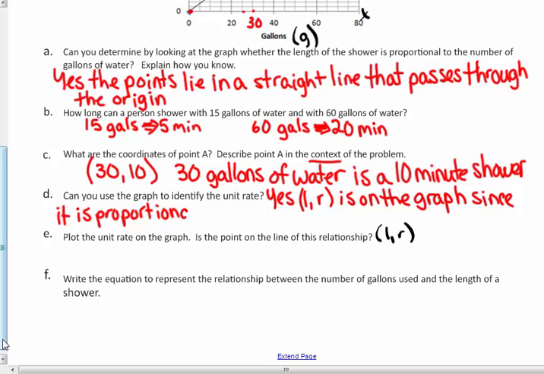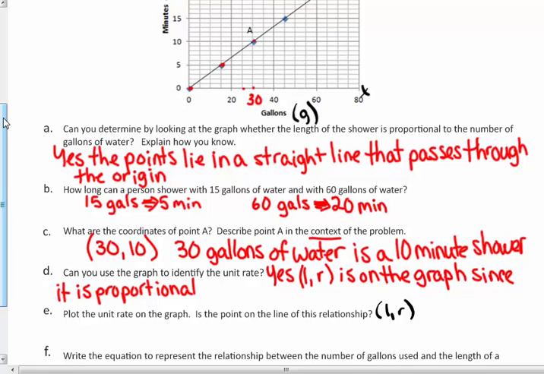The unit rate has to be on there. So can you use the graph to identify the unit rate? Well, it's hard to read when there's just 1 gallon, because remember, this first line is 5 gallons.